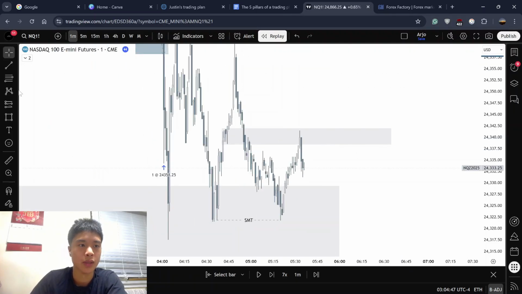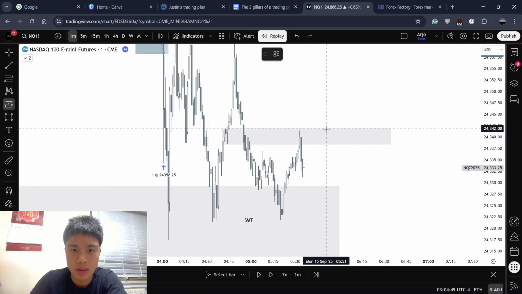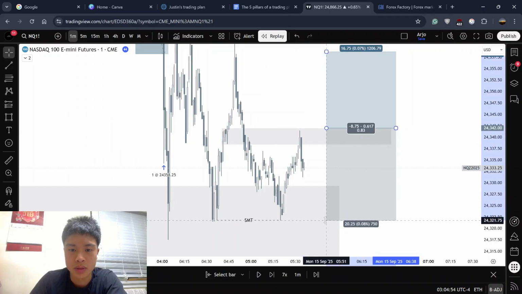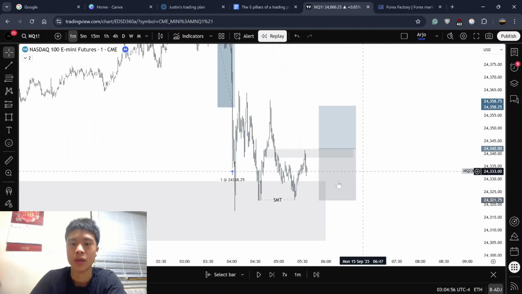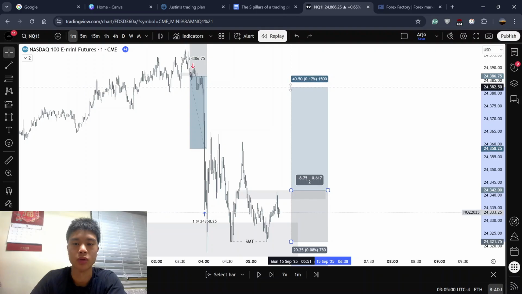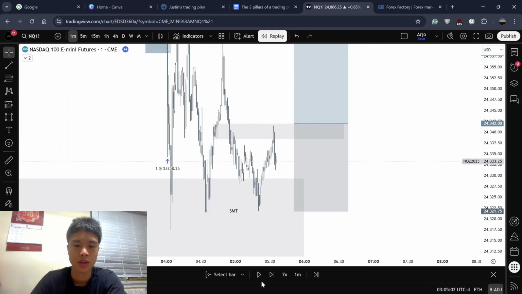and we're waiting for price to close above it. We have our limit order right here. We have our stop loss at that swing low right there, and we're targeting a 1 to 2 risk to reward. Okay, we can see if this plays out.